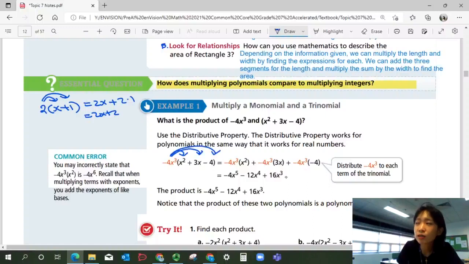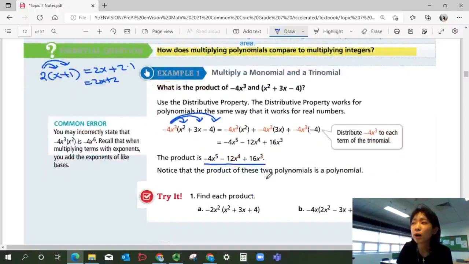And then you simplify, see if there's any like terms. If not, you just order them in standard form. So the product is negative 4x to the power 5 minus 12x to the power 4 plus 16x cubed. Okay? And if you multiply monomial by polynomial, your product would be a polynomial.